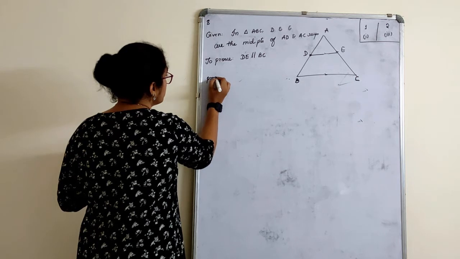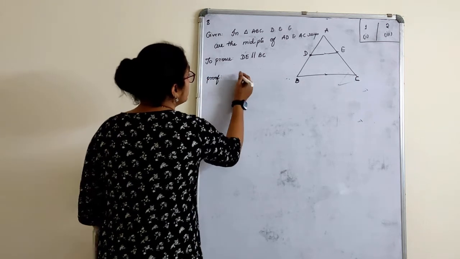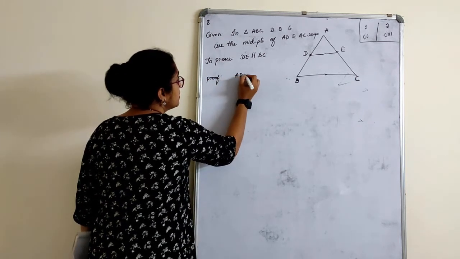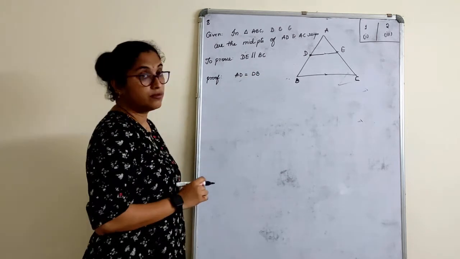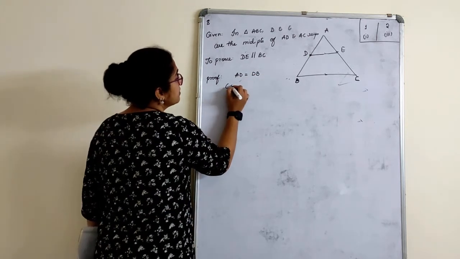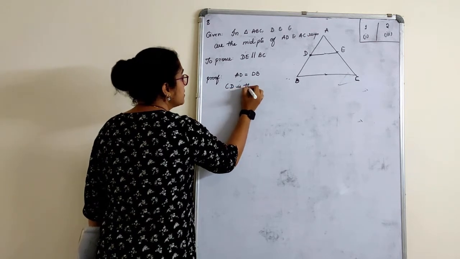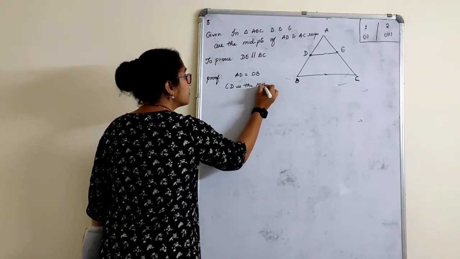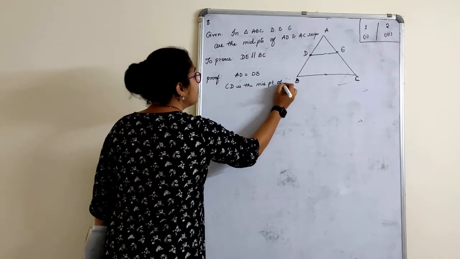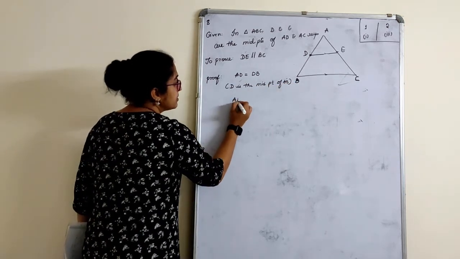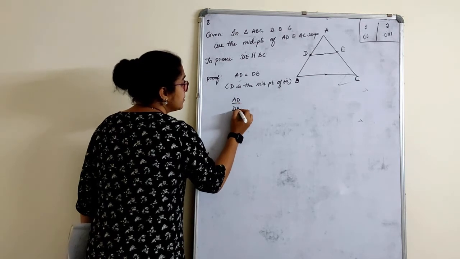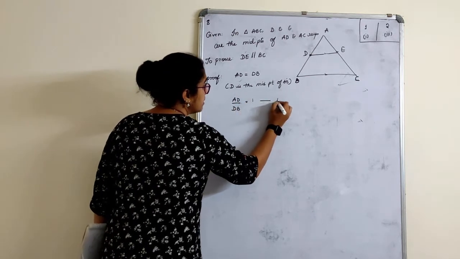Proof. So I will write here first AD is equal to DB. Reason: D is the midpoint of AB. I can write this as AD upon DB is equal to 1, equation 1.